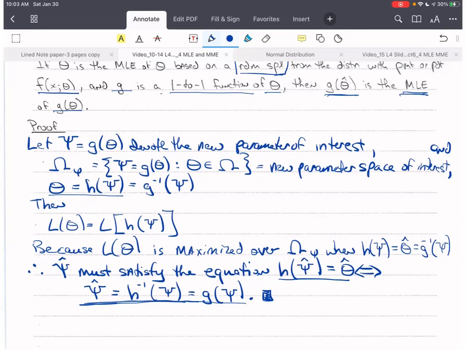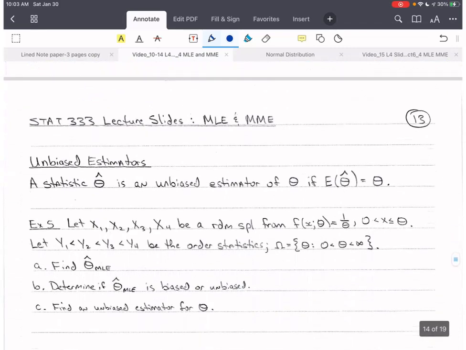And we have that theta hat is equal to h of phi hat. So this simply but effectively and logically shows the proof. So make sure you study this step by step and that you understand the logic of how this all works. If you don't, you need to review it until you do, because I may throw a similar type of proof on the test, okay? So that is our proof for that.